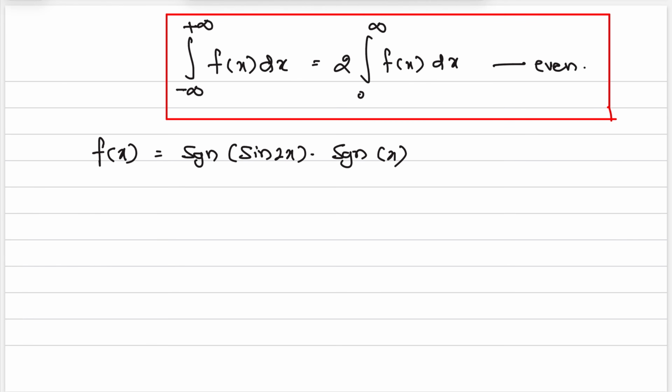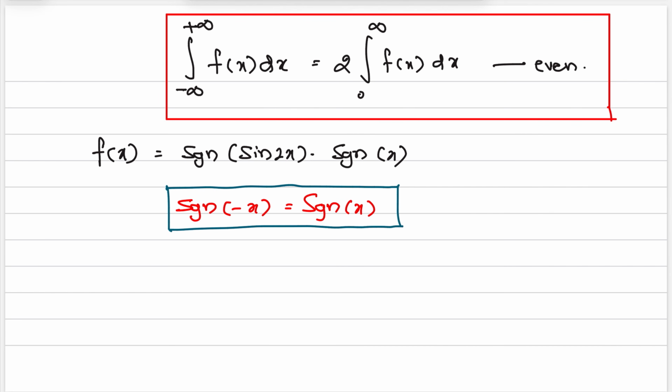Another property we will be knowing about this signum. Signum minus x is equal to signum x. That also please make a note.